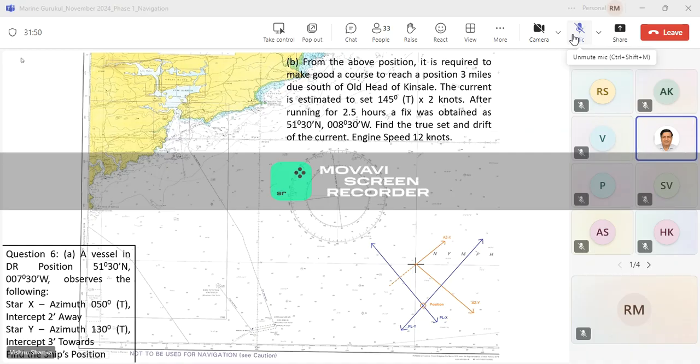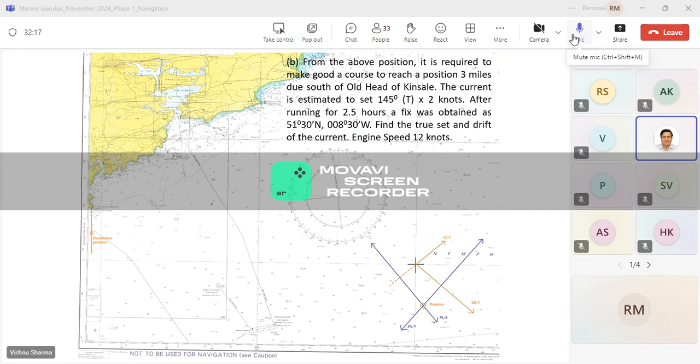From the above position, which position? This position, guys. From this position, it is required to make good a course to reach a point 3 miles due south of Kinsale. So do we know the destination point? Yes or no? Yes, sir. So we'll draw a bearing of 180 from Kinsale, mark off 3 miles, and we'll get our destination position.